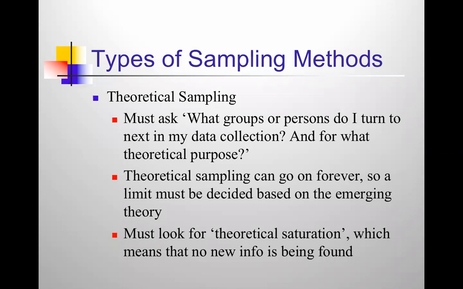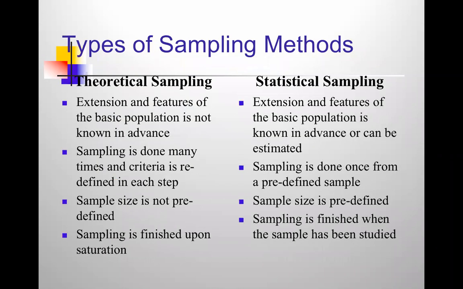That means you've met the burden of saturation, which means there's no new information being found. So that's when you know it's time to stop interviewing and you don't need to be sampling anyone new, because you've pretty much heard everything there is to hear about that object of study.